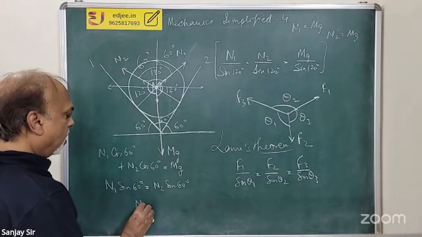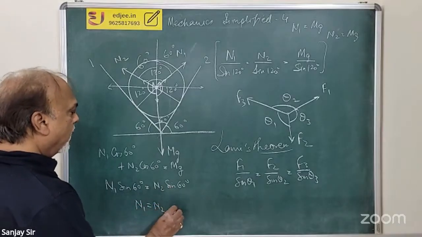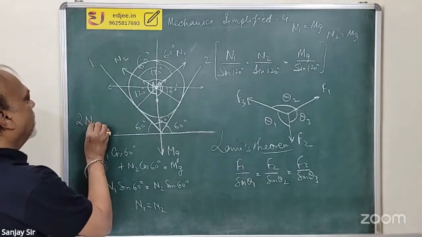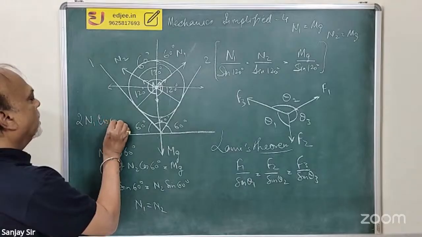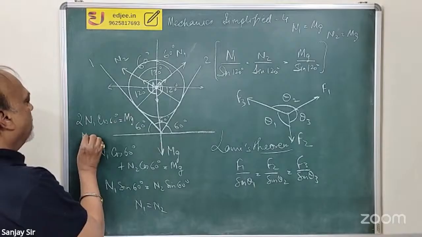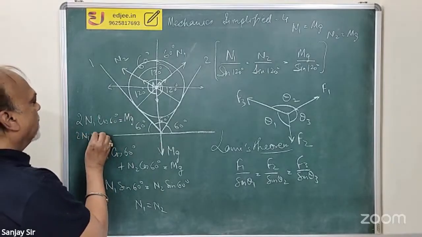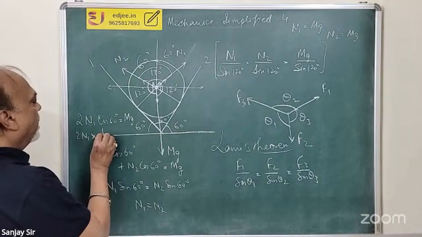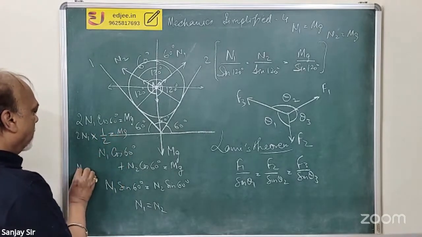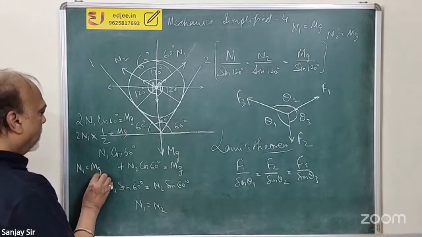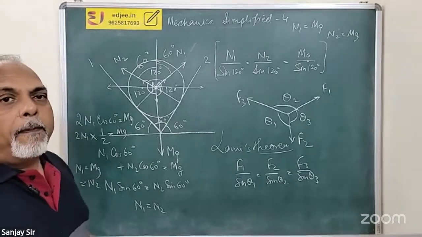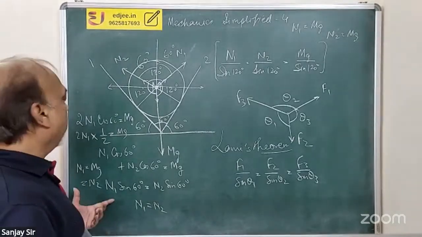Means N1 and N2 are equal. Correct? So here we can say N1 cos 60 degree is mg, or N1 into 2 into cos 60 degree, which is 1 by 2, is mg. So N1 is nothing but mg, and that is equal to N2. That is the result.